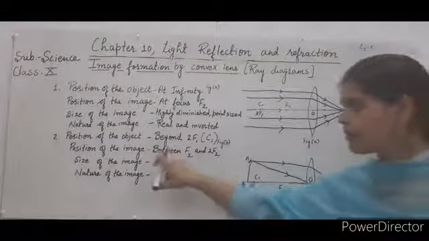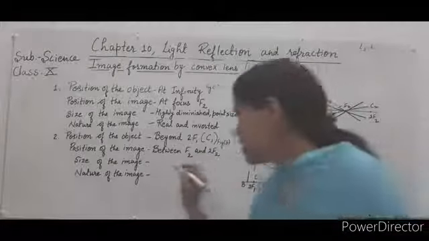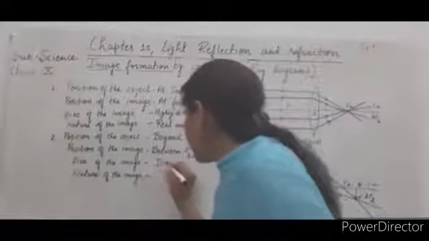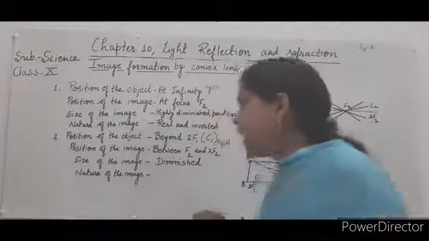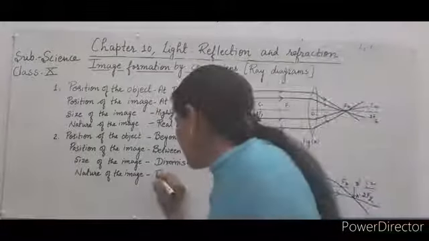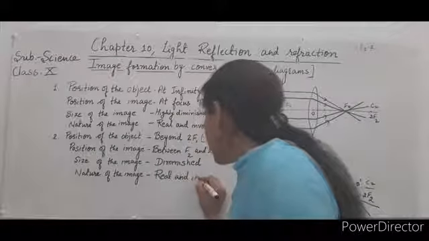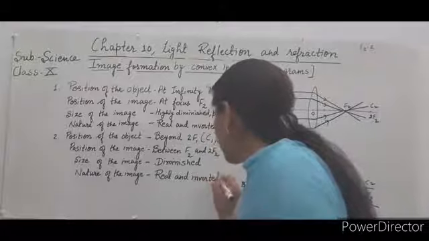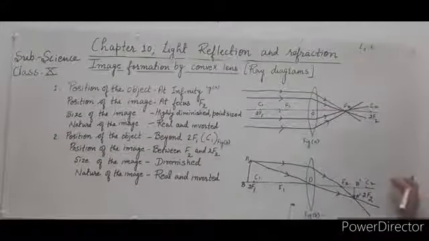The size of the image is diminished, and the nature of the image is real and inverted. In this way, you can easily make ray diagrams for other cases of convex lens also.